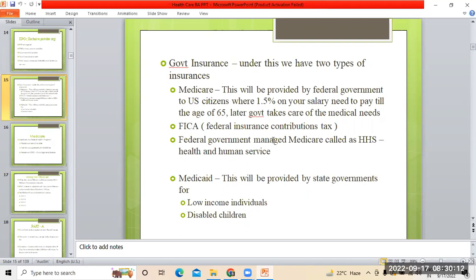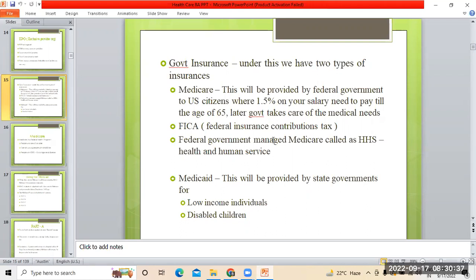Because whatever the business model an insurance organization has, and whatever the approach of the business they do, they can do it. But at the end of the day, there should not be any kind of information which may lead to misleading people. Usually that sort of thing won't be there, right?